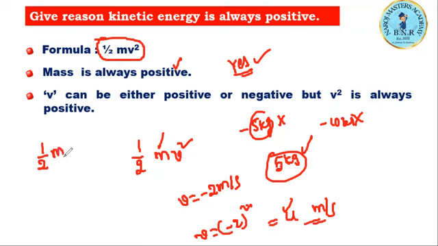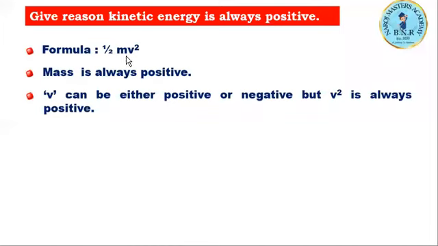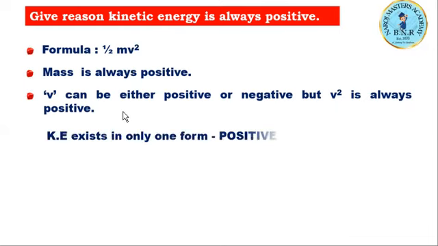Half mv square is always positive. So give reason kinetic energy is always positive. Because if you substitute the value of mass, it is always positive. Velocity, if it is either positive or negative, also no problem. It is always positive in v square. So kinetic energy exists in only one form, that is positive form. Is it clear?